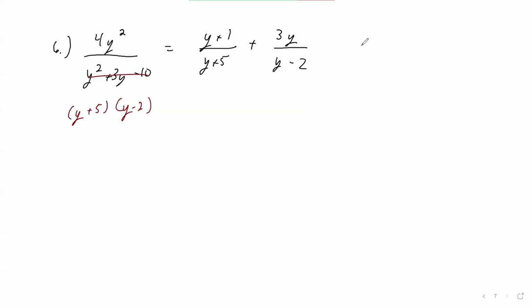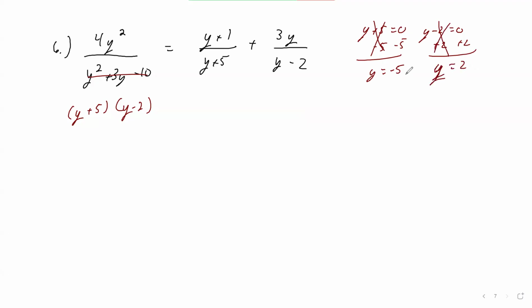The rest of it's factored. So I'm going to take y plus 5 equal to 0, y minus 2 equal to 0. So let's subtract 5. So y equals negative 5. Add 2. So y equals 2. So y cannot equal these values. y cannot equal negative 5, and y cannot equal 2.